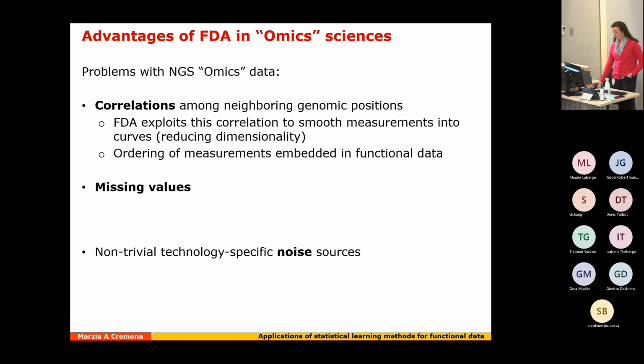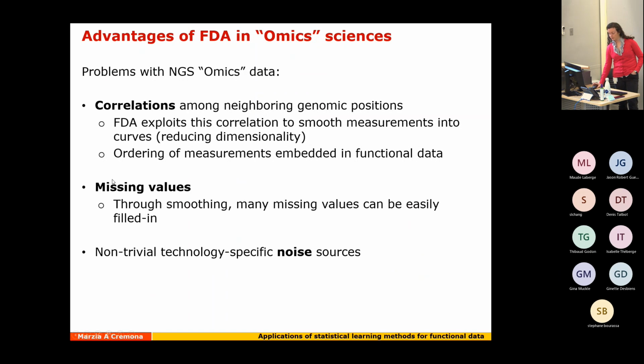Basically, the ordering of these genomic positions, one after the other, is embedded in the curve itself. Also, we usually have a lot of missing values, and we can deal with that a little bit with smoothing. With smoothing, we can fill some of these missing data.